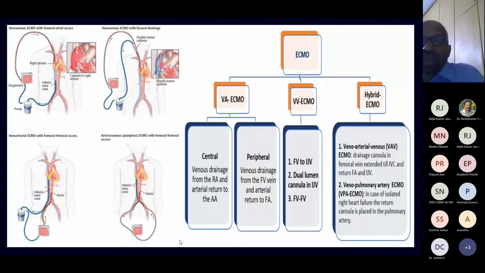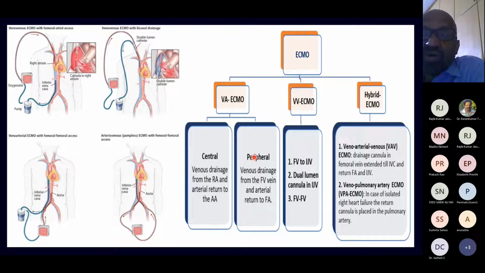If you look at the types of ECMO, we have basically two types: veno-arterial and veno-venous. Veno-arterial again can be central, where we put the cannula in the right atrium and the ascending aorta, or it can be peripheral, where you can use either the femoral vein or jugular vein, and the arterial return is either through the ascending aorta or through the femoral artery.